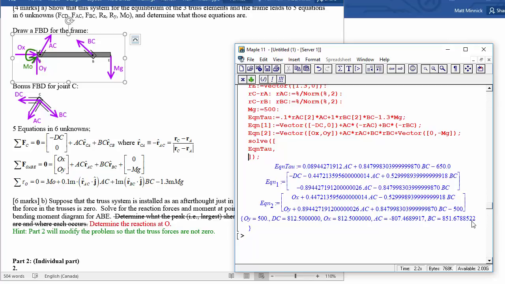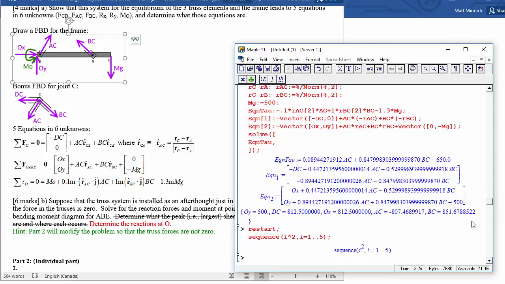First of all, what does sequence do? Sequence I squared, I equals 1 to 5. Whoops, is it just seq? Yeah, so seq is short for sequence.